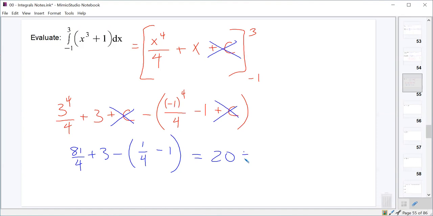And then we got plus 3. And we got minus a -1. So that'd be plus another 1. So we end up with a value of 24. And that's all you got to do for a definite integral: find the antiderivative, evaluate it at the upper limit, evaluate it at the lower limit, and find the difference between the two.